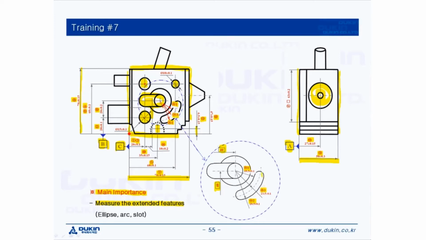A3 is the center radius, same as the single arcs. Center coordinate and radius. I'll explain how to measure round slot and single arc, double arc in practice. Okay, let's get to the practice.